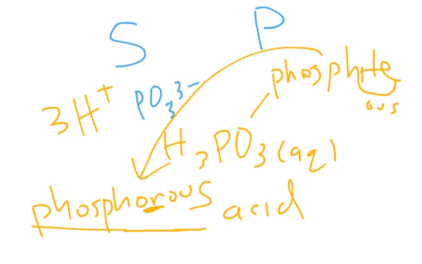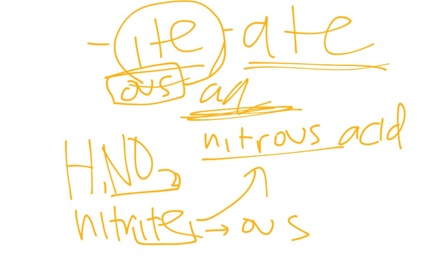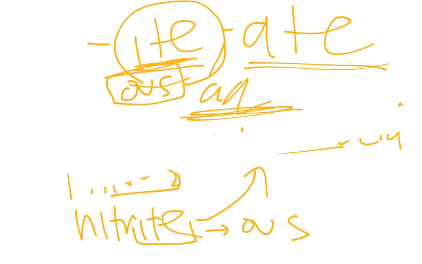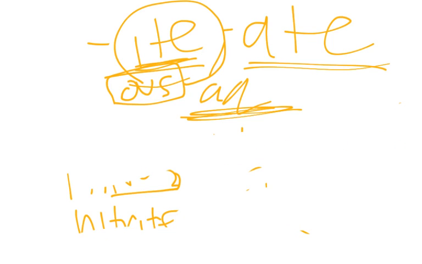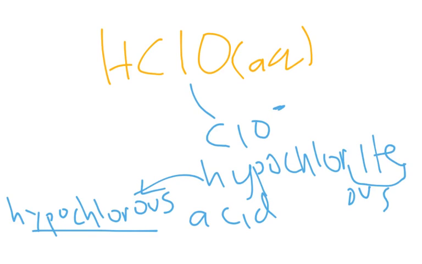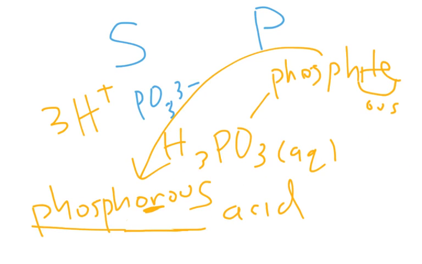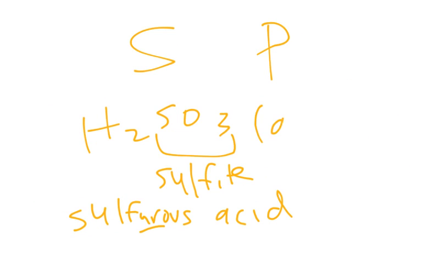So now let's look at the ates, because we've been only dealing with the ites. So we have ates, then let me erase this bottom in order to show you one example. So let's try naming HNO3 in its aqueous form, because acids are in their aqueous form. So let me see if I put aqueous for all of them. Oops, I didn't put it here. Gotta put it. It's very important.